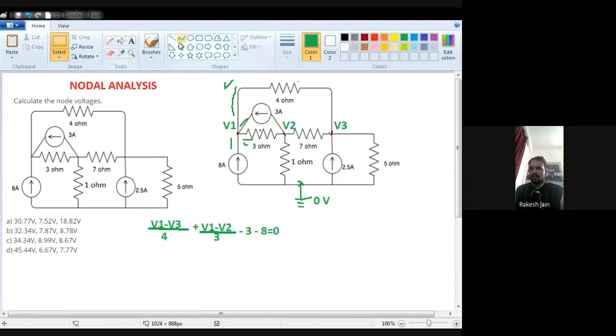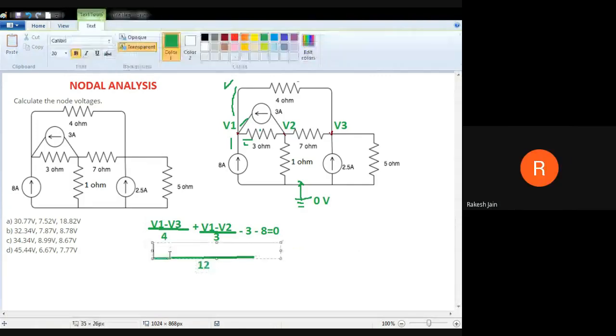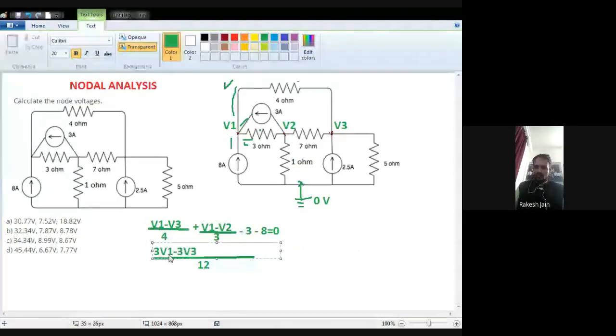So what is the LCM? You know better about the LCM. 4 times 3 is 12, so 12 will be my LCM. So this will be multiplied by 3: 3 V1 minus 3 V2, then plus 3 times 4 is 12: 4 V1 minus 4 V3. Then minus 3 and minus 8, that is minus 11, multiplied by 12.